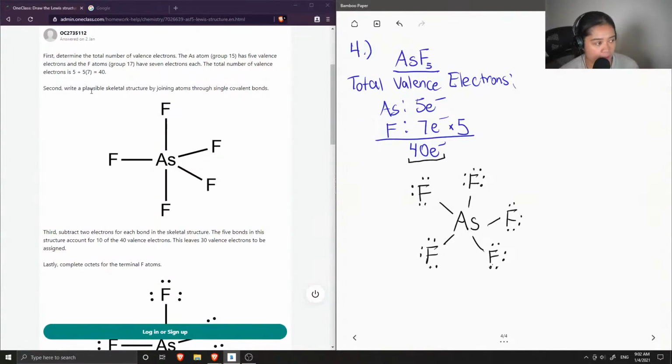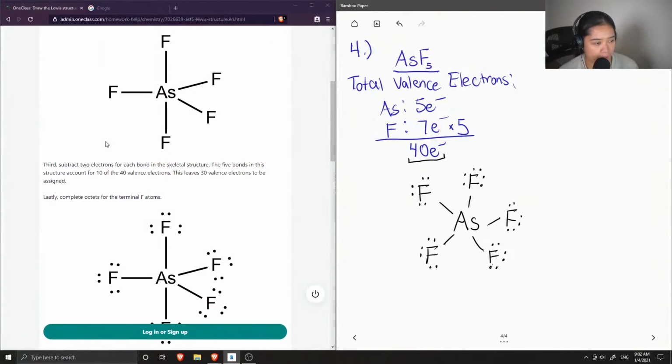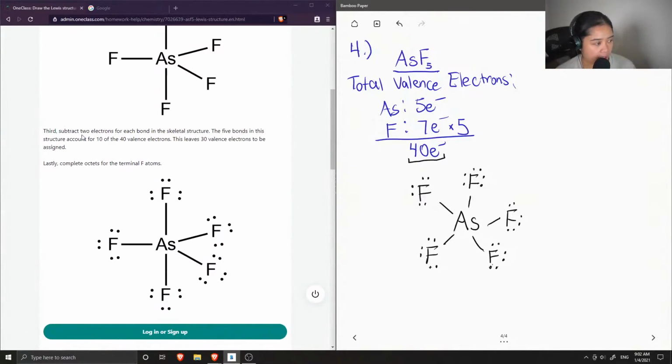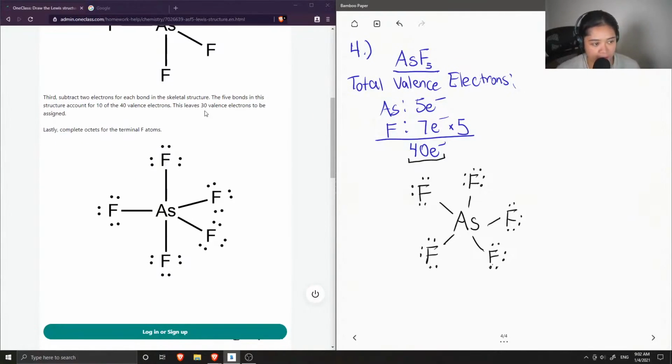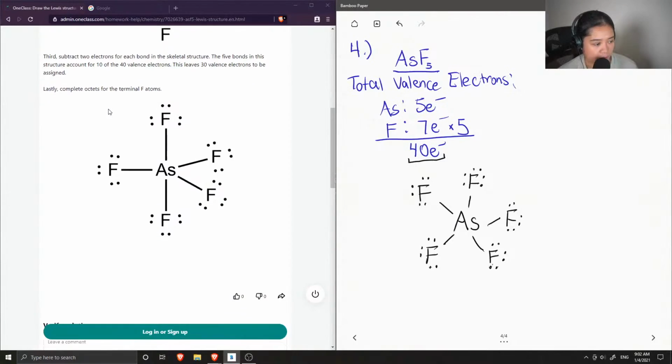Second, write a plausible skeletal structure by joining atoms through single covalent bonds. And then third, subtract 2 electrons for each bond in the skeletal structure. The 5 bonds in this structure account for 10 of the 40 valence electrons. This leaves 30 valence electrons to be assigned. So lastly, complete octets for the terminal fluorine atoms.